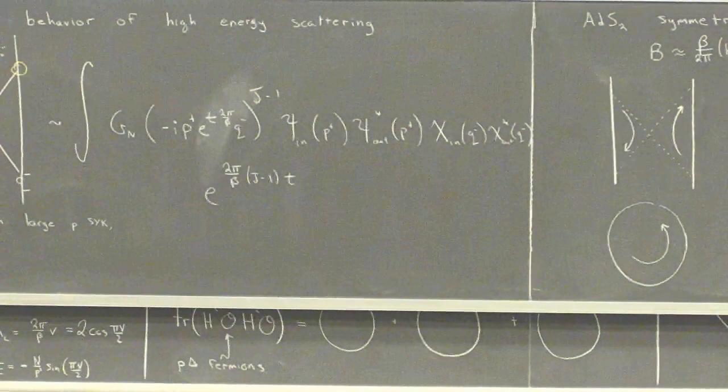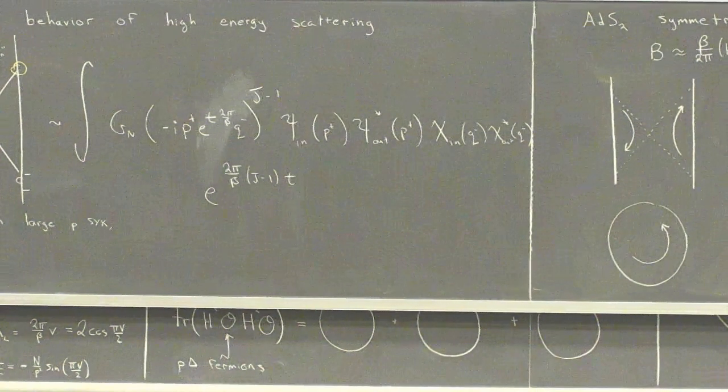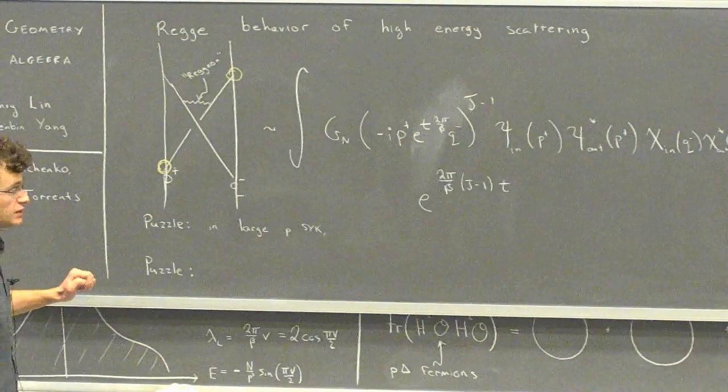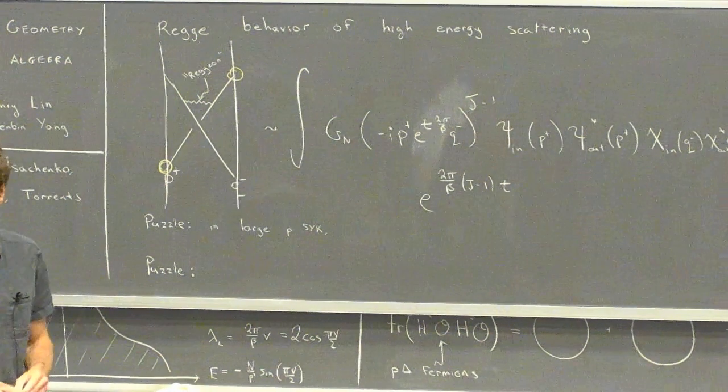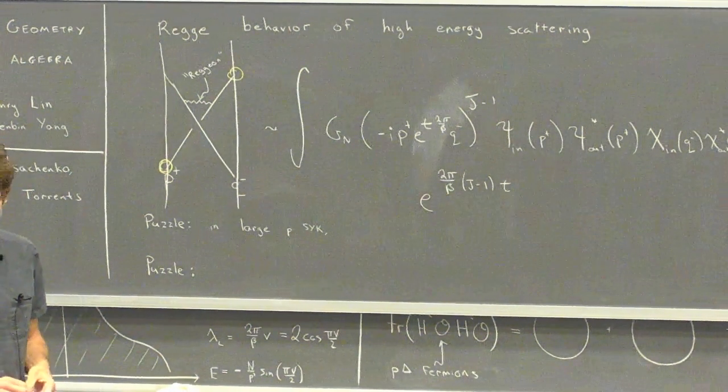What we're going to be doing in this talk is trying to discuss a couple of puzzles associated to this, and to another thing I'll explain in a second, in the context of the SYK model, the large P or large Q SYK model.